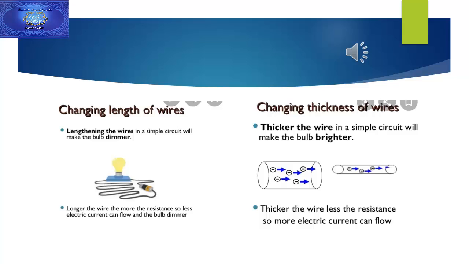The longer the wire, the more the resistance, so less electric current can flow and the bulb is dimmer. Changing thickness of wire. Thickening the wire in a simple circuit will make the bulb brighter. The thicker the wire, the less the resistance, so more electric current can flow.